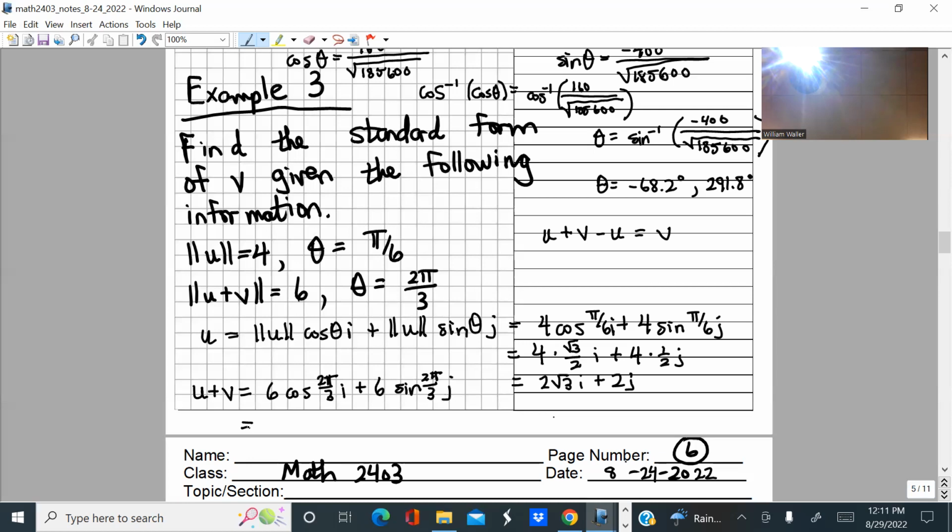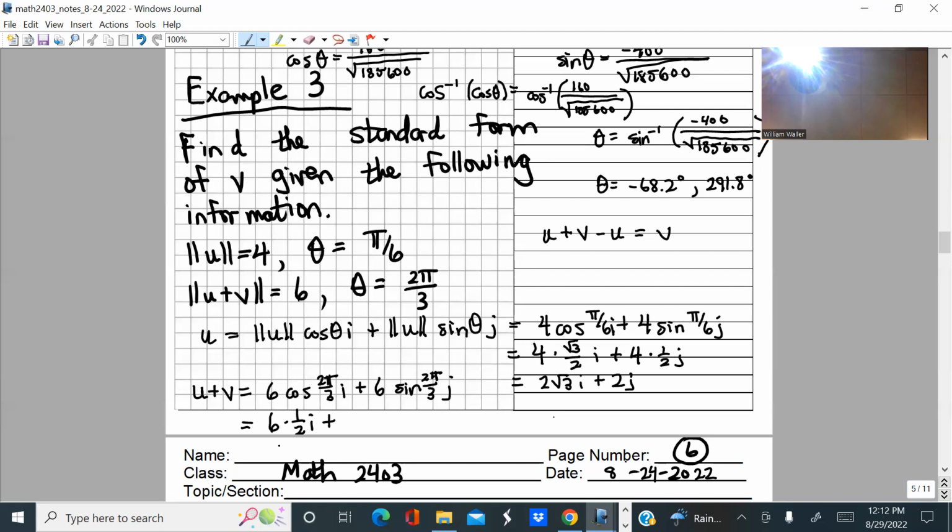We just figured out that cosine of pi over 6 was square root of 3 over 2, so that's a strong clue. The cosine of pi over 3, which is 60 degrees, is going to be 1/2. So that's nice. So we get 6 times 1/2 times i. This one's probably going to be ugly. I've got to fix the sign though, because we're in the second quadrant with 2 pi over 3.